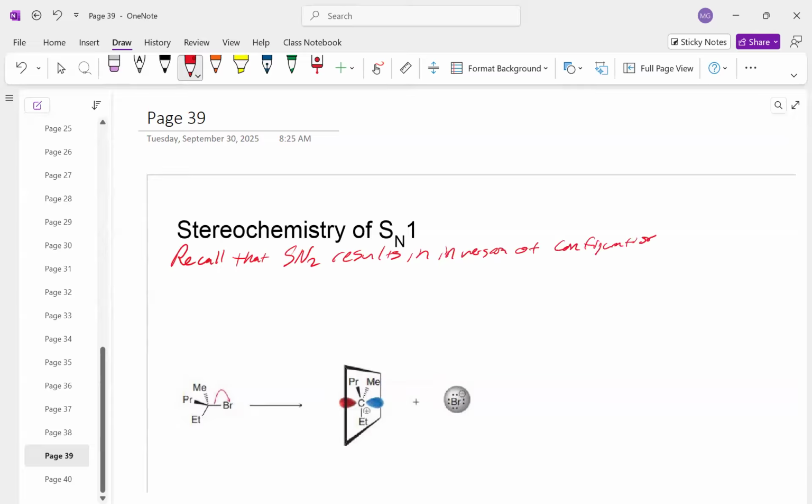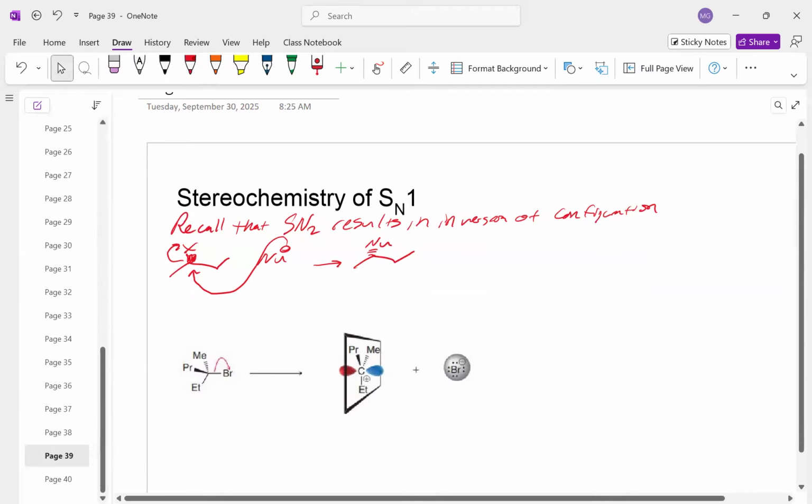So if the reaction happens at a chiral center, since the nucleophile has to attack from the opposite direction, it will have the opposite stereochemistry as the original leaving group. Now, that's for a concerted mechanism. Remember, SN1 is stepwise.